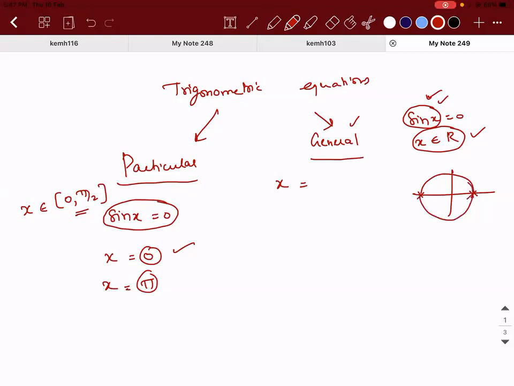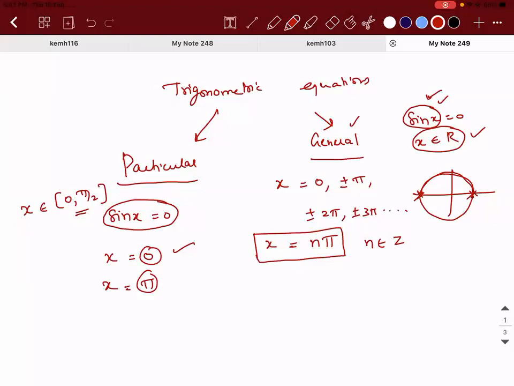It keeps going, so 0 plus or minus pi, plus or minus 2 pi, plus or minus 3 pi, and so on. So how will you write x? x is equal to n pi, where n belongs to the integer set. Is that clear? So sin x is equal to 0 means blindly you can write x is equal to n pi. That is going to be the general solution.